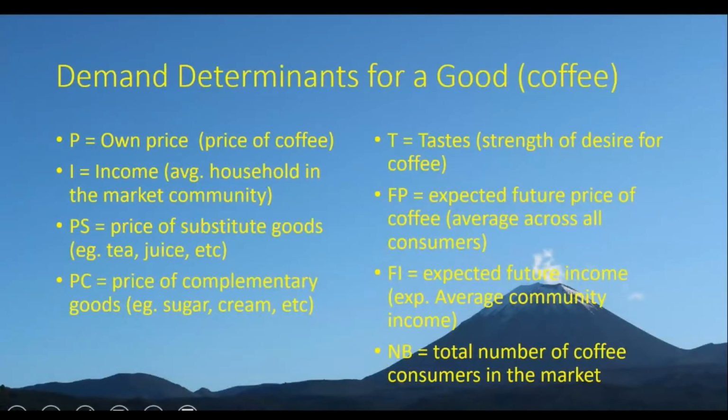All right, demand determinants for a good. And here I want to emphasize the fact that in this class we are always, or almost always, going to be talking about one particular product or good that's being brought to the market and consumed or demanded by consumers. Now, sometimes I'll give a name to the good, like coffee, or in the Edgeworth boxes, we'll talk about bread and butter, or wine and cheese.